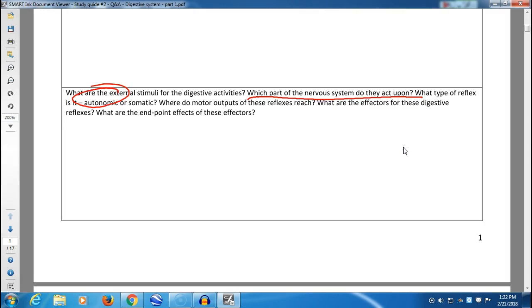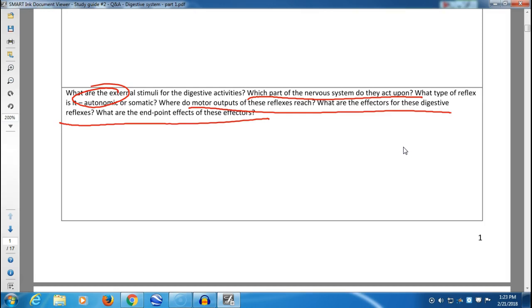Now, motor outputs. What are the effectors? All this complicated wording refers to what are the effectors of the autonomic reflexes, of the digestive reflexes. What are the two effectors of the nervous system, in general?